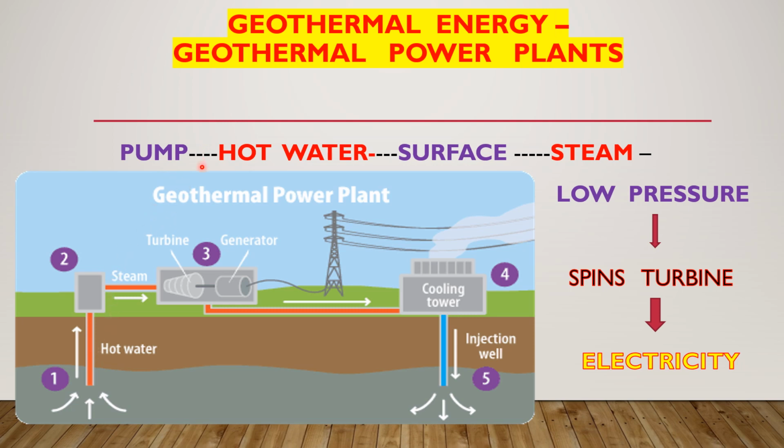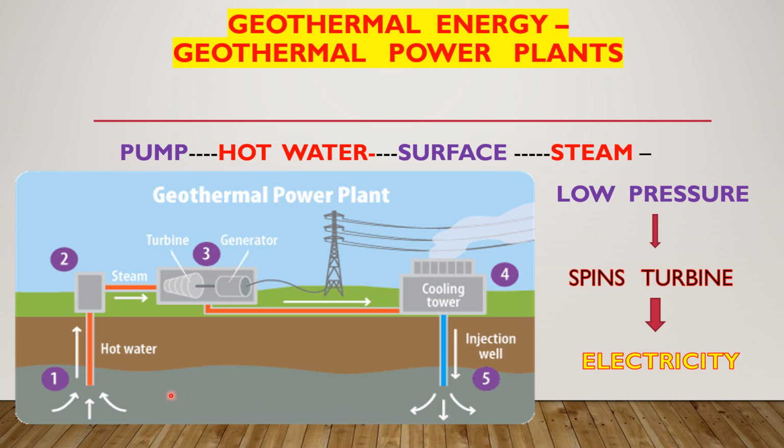The water goes through the pump in a heated condition to the surface and then turns into steam. The steam turns the turbine, produces electricity, and then this heated water generally gets into the cooling tower. The cooling tower cools the water and injects it through the injection well into the ground.